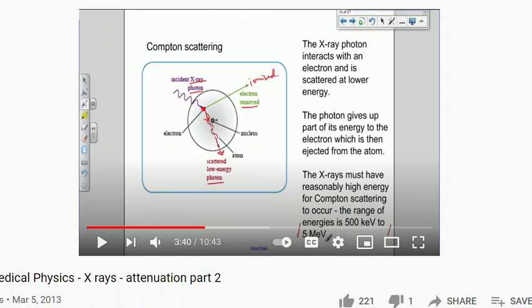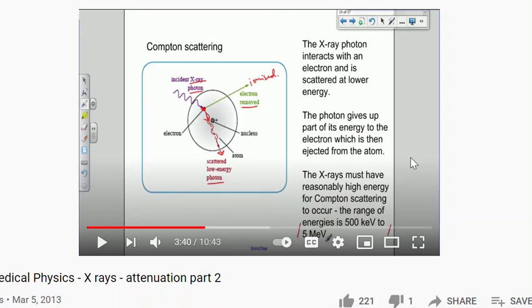I think that the speaker is really speaking to therapy doses, because he's going to get into pair production in a minute, which is really a therapy dose. These interactions also occur at lower energies, so I don't want you to be confused and mistake that all Compton occurs at 500 kVp and above, or 500 kVp to 5 MeV.